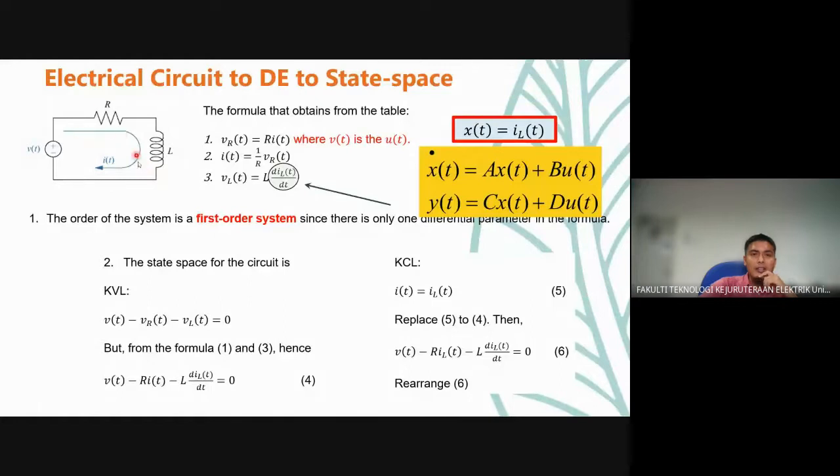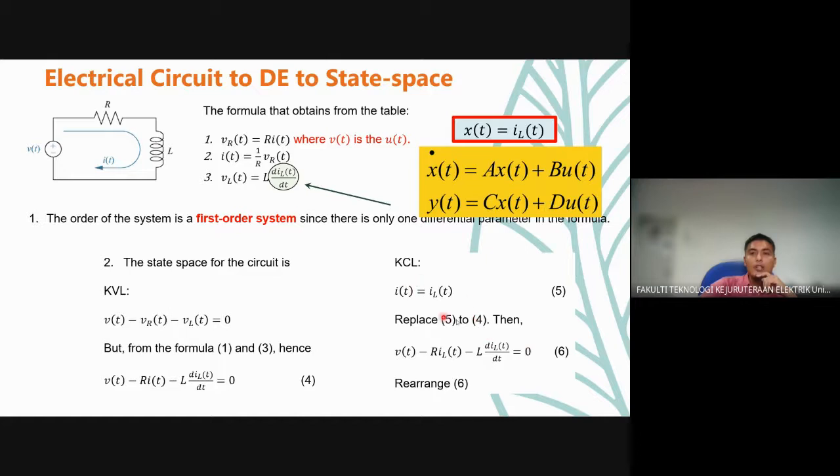The IT current is the same current going through the inductor. So that's why we say that IT equal to ILT. Replace 5 into 4. Then we get Vt minus R ILT minus L dILT over dt equal to 0.